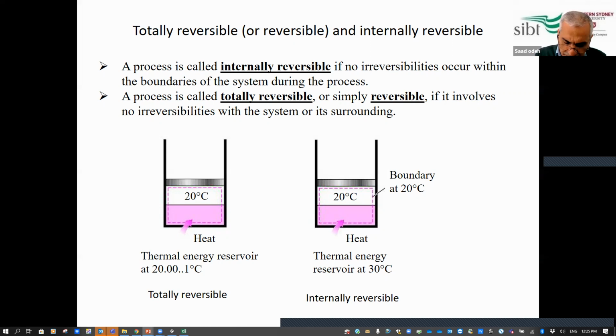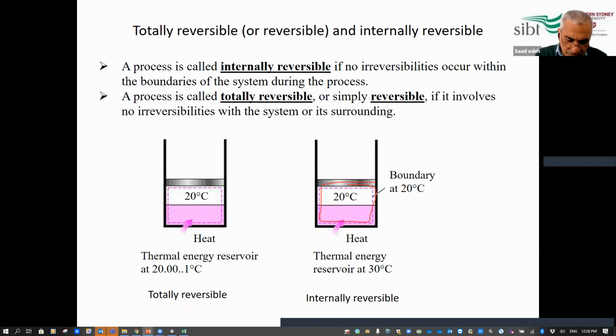Let's say this one is a boundary here. There is no change in temperature at any point of the boundary with the inside temperature, then we call it an internally reversible system.